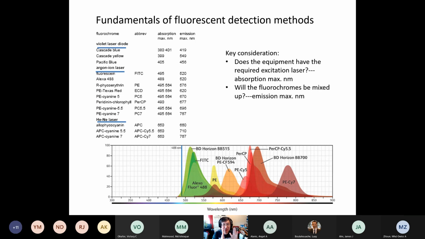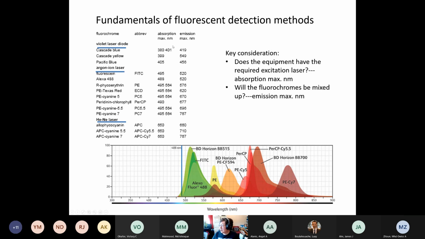Okay, so there are two major critical parameters here. One is their absorption maximum wavelength. The other is their emission maximum wavelength. What that means is, for example, this Pacific blue here gets excited by wavelength 405, and then emits light at 455.